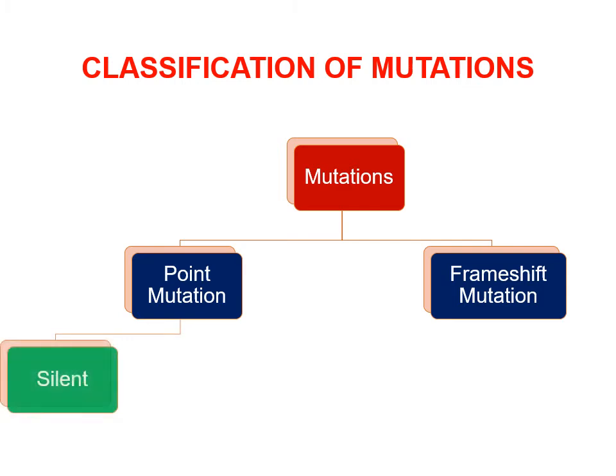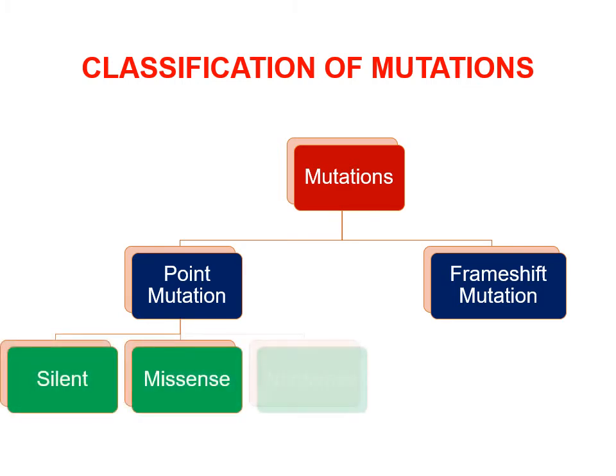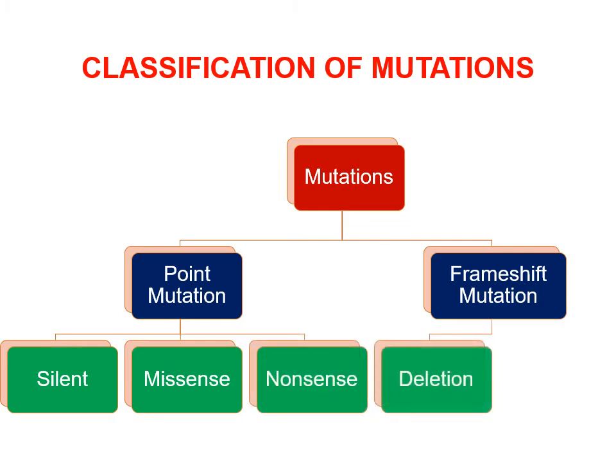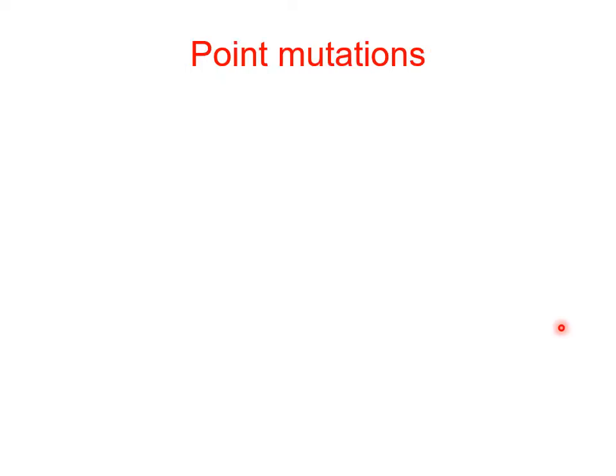Point mutations can be further subclassified as silent mutation, missense mutation, and nonsense mutation, whereas frame shift mutations occur because of deletion or insertion of a nucleotide base or bases. Let me explain in detail the different types of mutations.